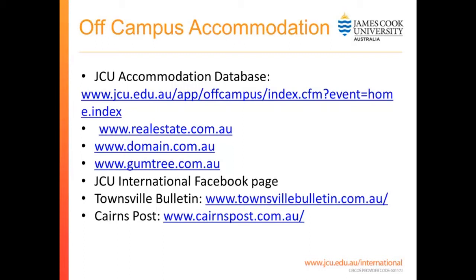This database has heaps and heaps of sharing accommodation with other students, granny flat accommodation, as well as units and apartments for you. You'll need to enter your JCU username and password to access this database. You can also search for accommodation on the websites displayed on the screen.